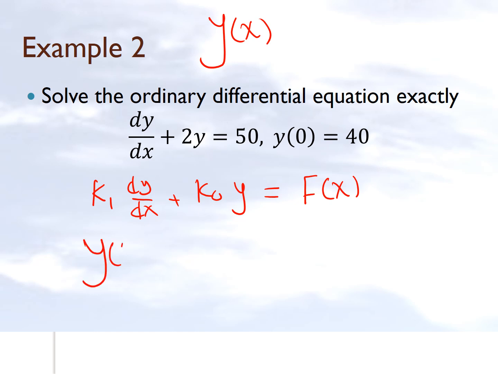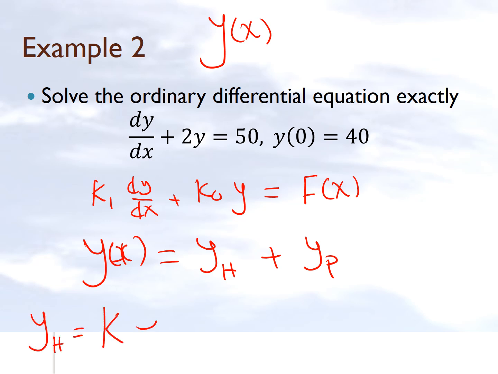The solution y of x would have two components, a homogeneous component and a particular component. The homogeneous component, as we derived in the previous video, would be a constant times an exponential function whose exponent is minus k0 over k1 times the independent variable, which in our case is x.